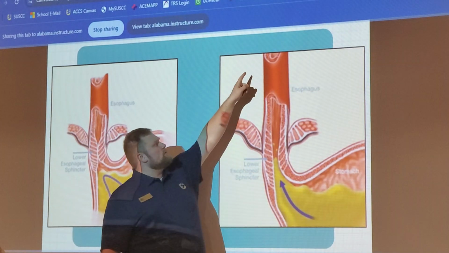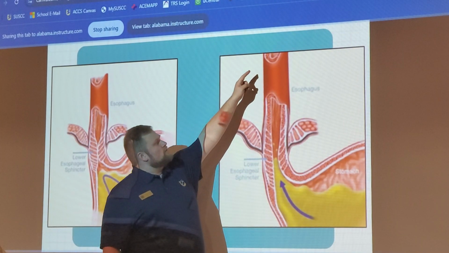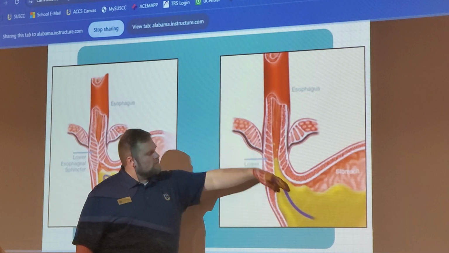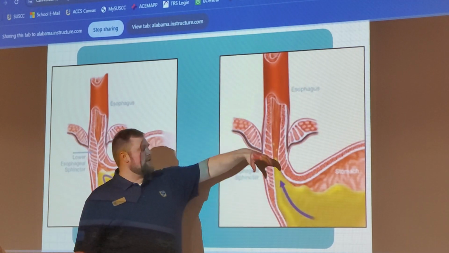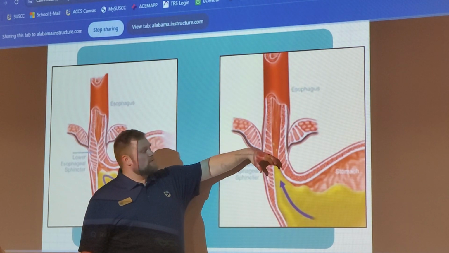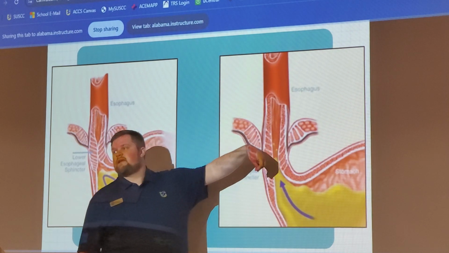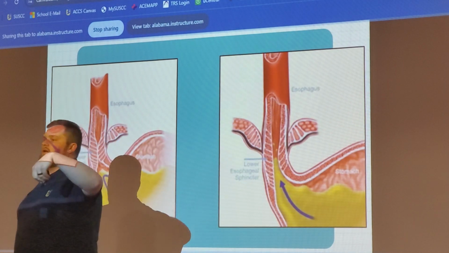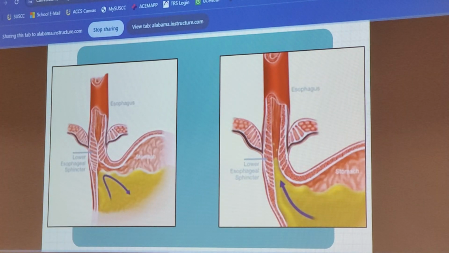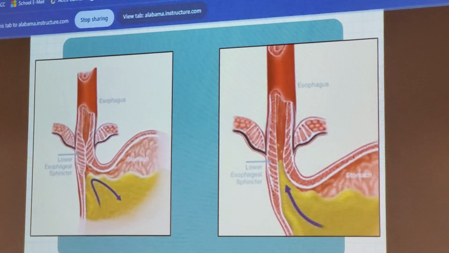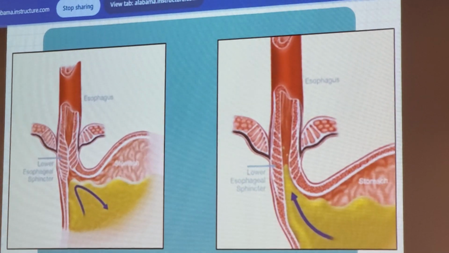If we have an NG tube, we have to imagine it's going through the nose, down the esophagus, down into the stomach, okay? That's going to allow the sphincter to remain open, not allowing for that tight closure, that tight seal to occur. So with that NG tube, we have an increased risk for backflow, for regurgitation.